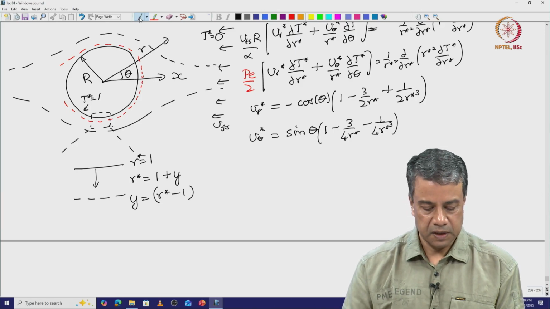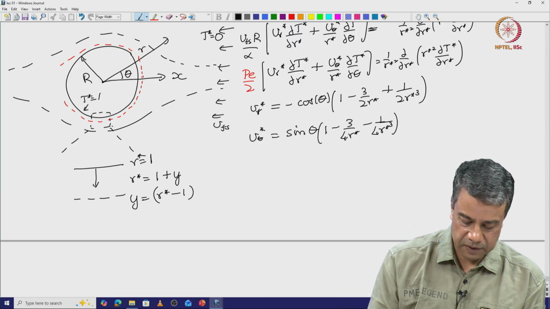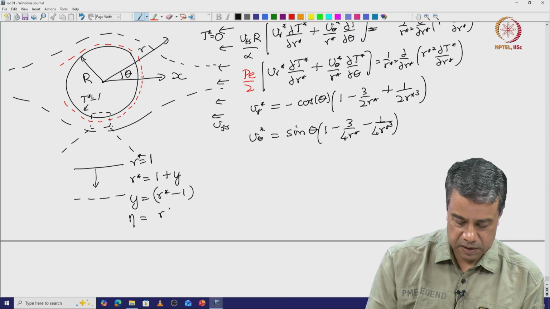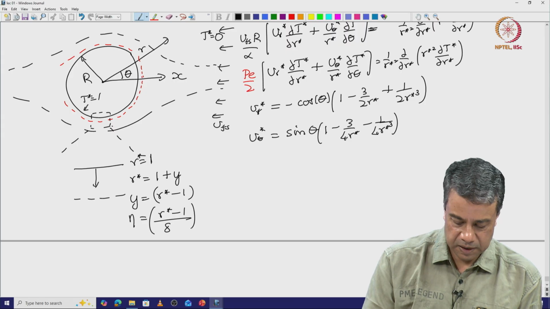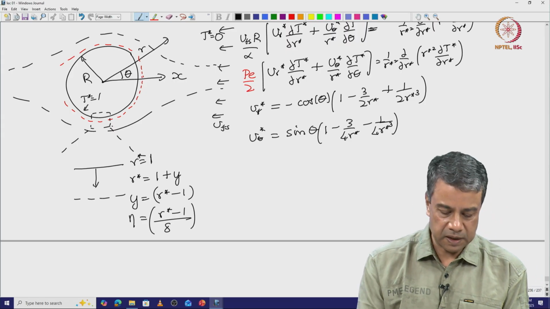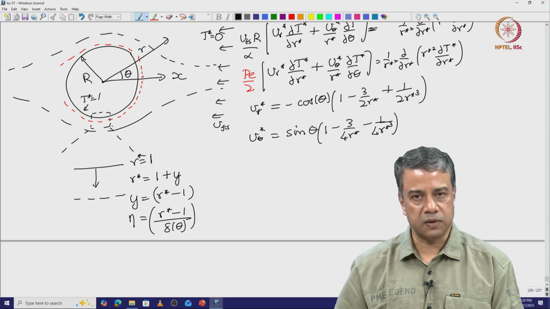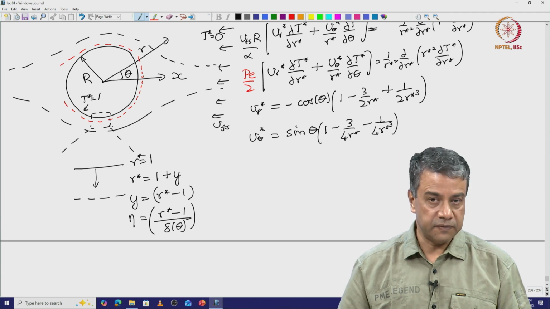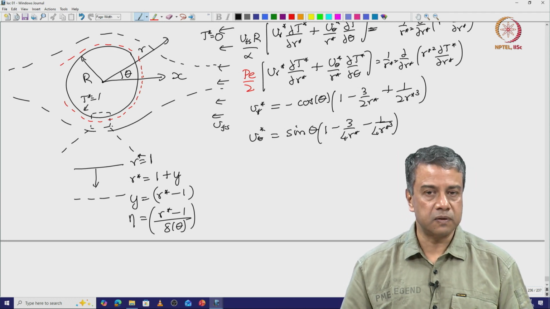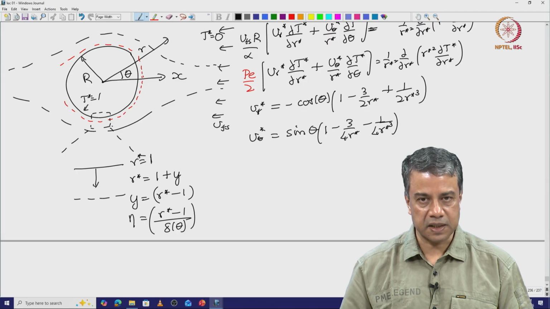Therefore, I have to define my dimensionless variable as r star minus 1 by delta, where delta is a function of the streamwise coordinate theta. In the previous cases for the flat plate flow, the streamwise coordinate was x.